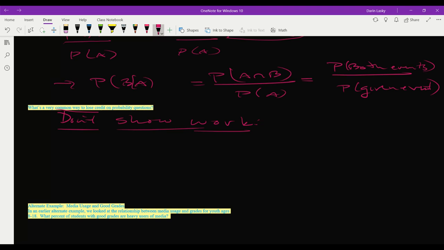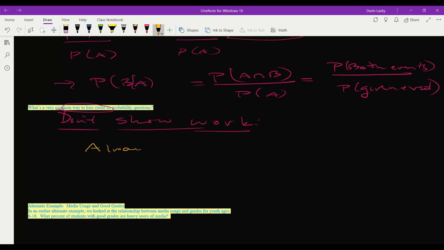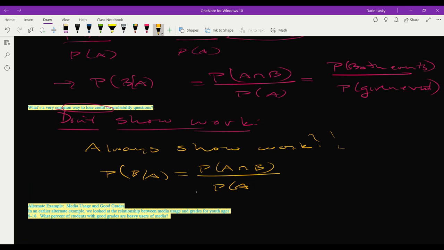We fix that by always showing your work, including the probability of B given that A happens is the probability of A and B over the probability of A. Then you put your decimals in. Let's say it was 0.37 divided by 0.64, and my probability would be 0.5. So make sure you show stuff like that.